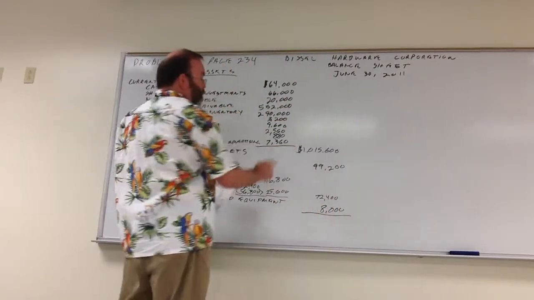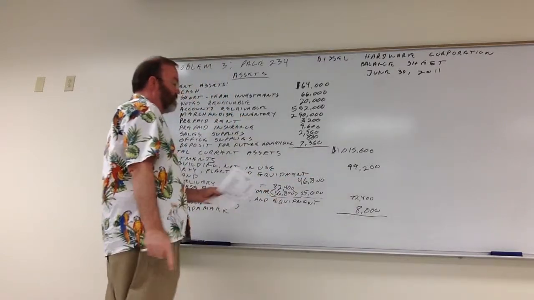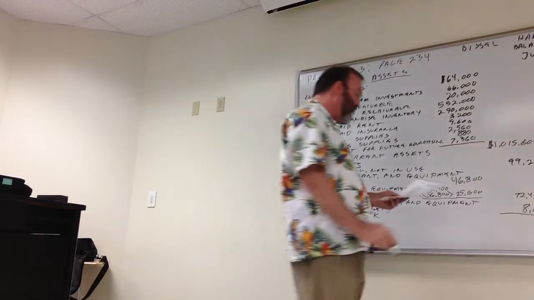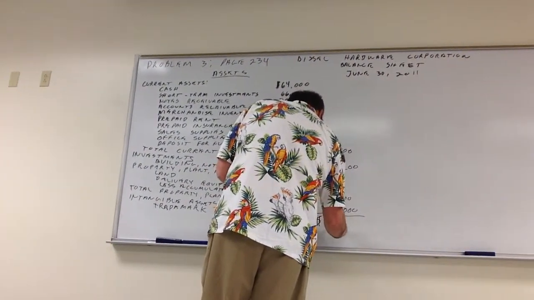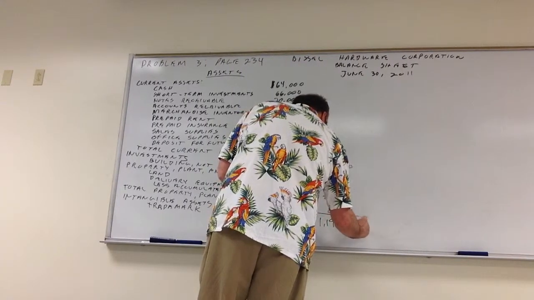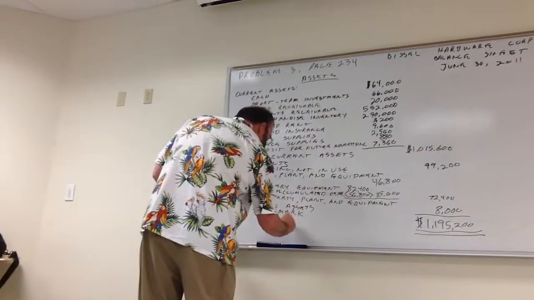Add up the total current assets, the total investments, the property, plant, and equipment, and the intangible assets, and we get $1,195,200 as total assets.